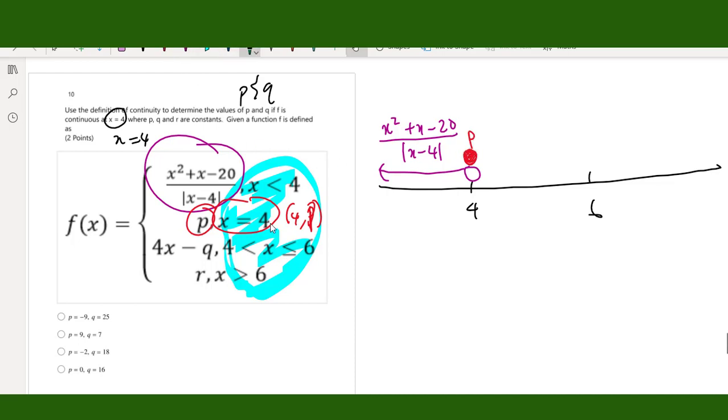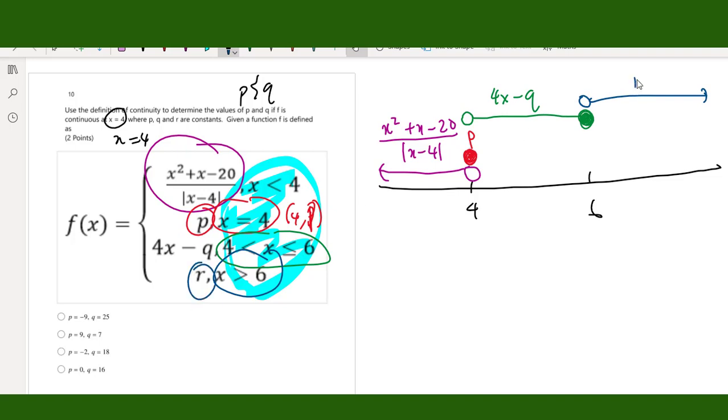Then when x lies between 4 and 6, 4 not included to 6 included, the function is 4x minus q, linear. And when x is greater than 6, the function is r, only a constant. From the piecewise function, changing to a number line makes it easier to answer the question.